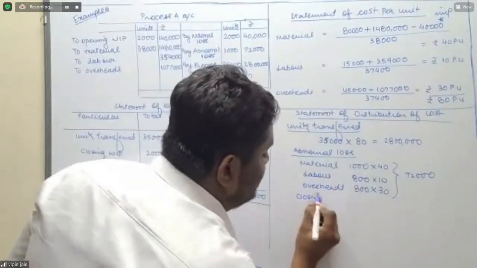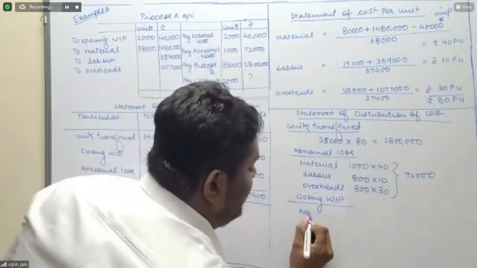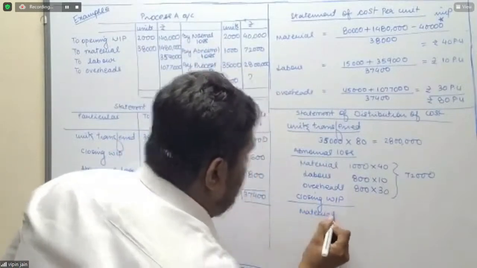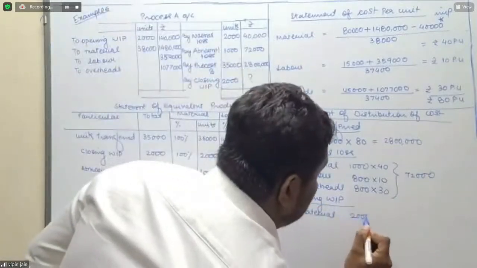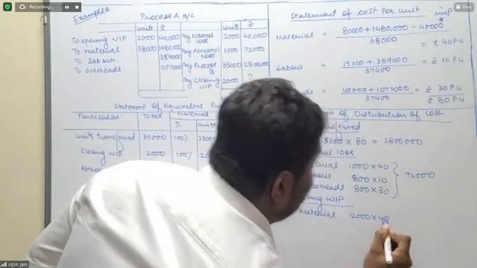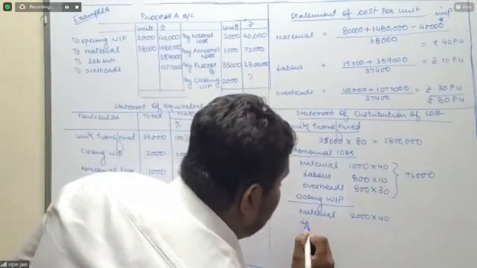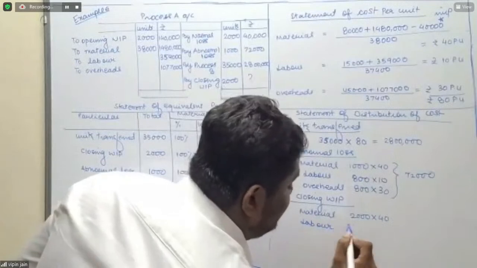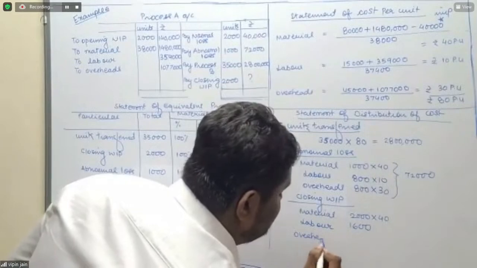Last but not least, the closing work in progress. In case of material, the equivalent number of units are 2,000, so 2,000 into 40. In case of labor and overheads, it is 1,600 each.